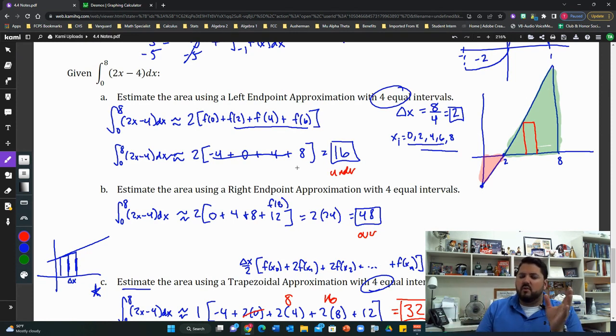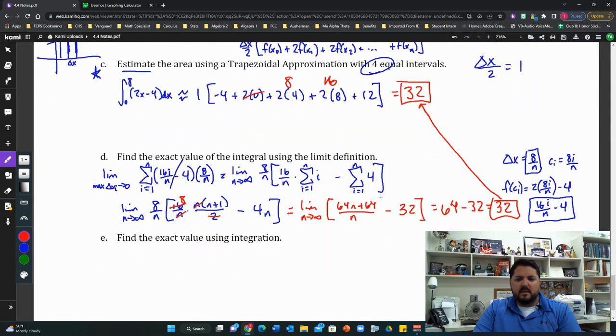A warped way of thinking is that a right triangle is actually a right trapezoid where one base is 0 units long and the other is non-zero in length. So the formula still works out. If I took 1/2 of base 1 plus base 2 times my height, if one of the bases is 0, that's actually just the area formula for a triangle. So just be aware of that. It's just a little warped way of thinking about it.